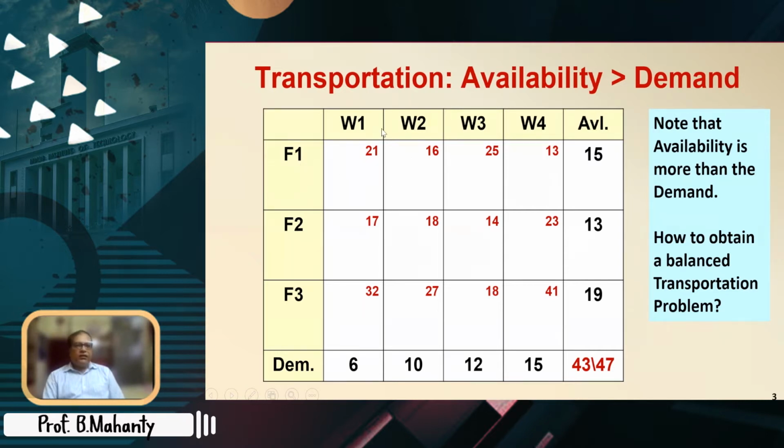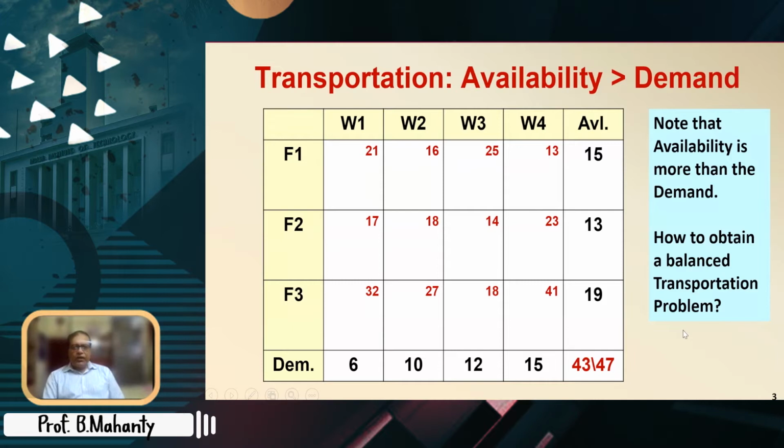If factory one is supplying to warehouse one, the cost is 21, say rupees per unit of material transported. The availabilities in the factories are 15, 13, and the demands in the warehouses are 6, 10, 12, and 15. If you see, the total demand is 43, and the total availability is 47.